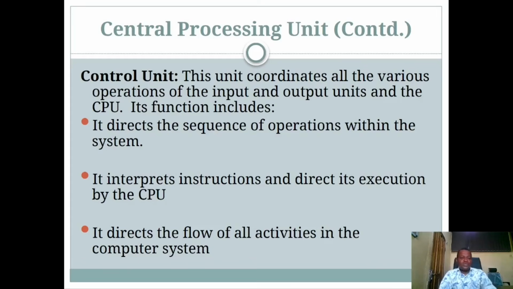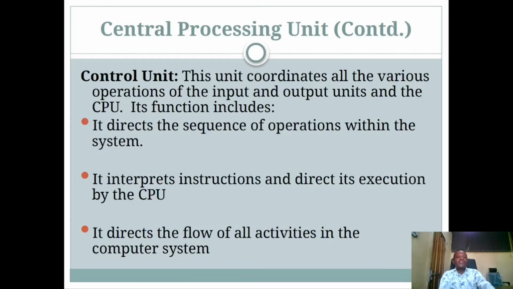And the last point you should know is that the control unit directs the flow of all activities in the computer system. If the printer wants to get outputs from the system, it is the control unit that directs such activity.